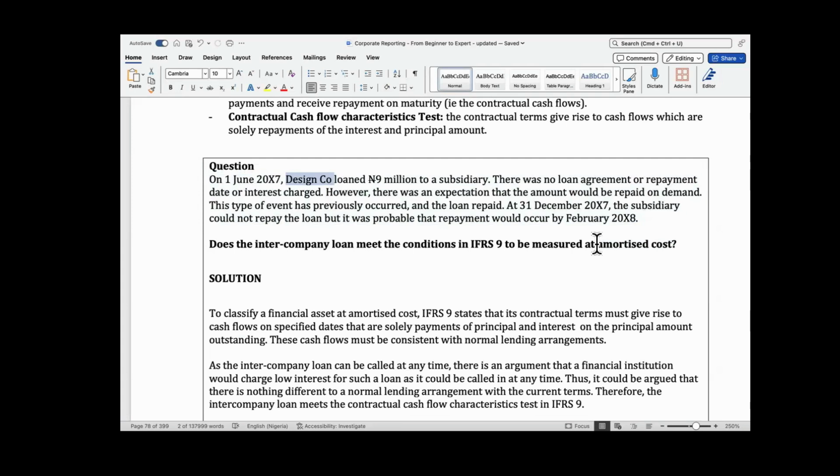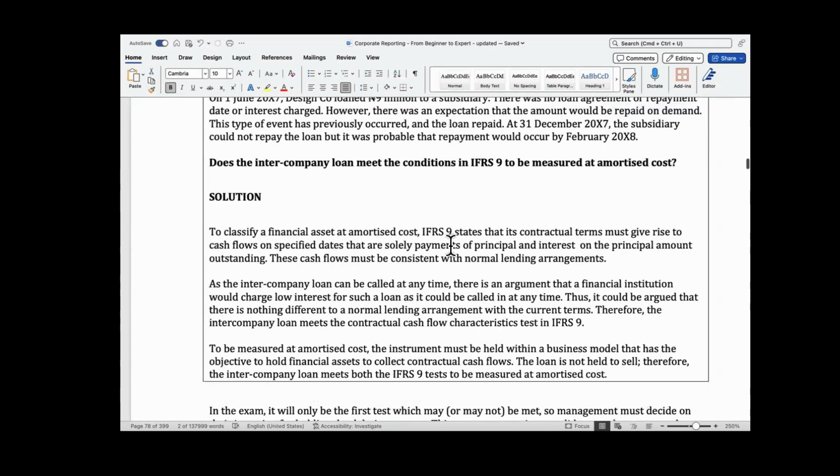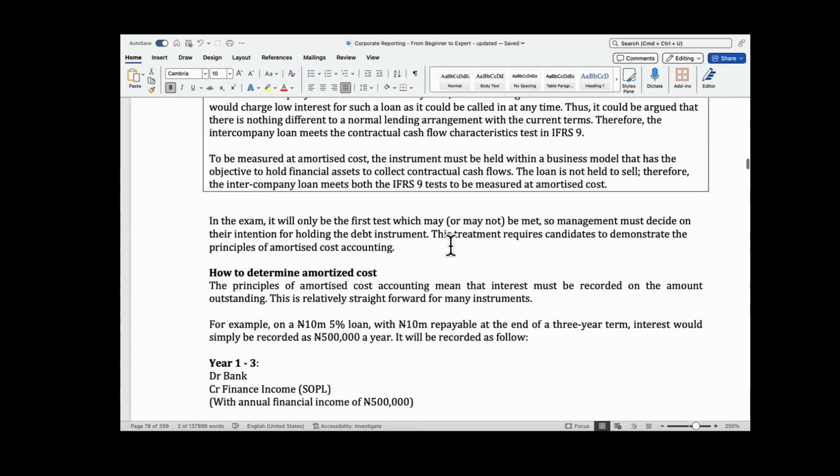Whether he's collecting interest or not is not really the thing. The fact that he will get repaid on demand also means that, okay, it's fine. We can classify it as amortized cost.